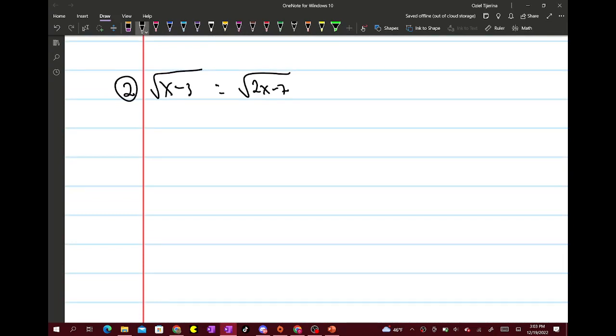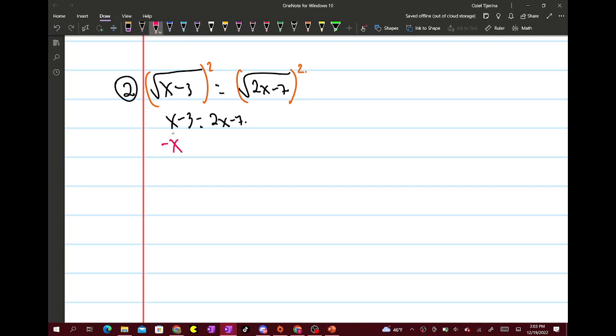It's the same idea. You're just squaring both sides, and really you would get a linear equation out of it. So x minus 3 is equal to 2x minus 7, and it's pretty simple.